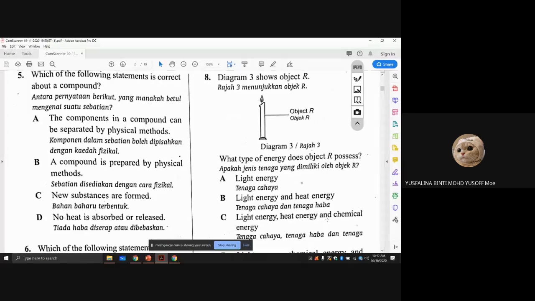When you reach, say, the second floor, the kinetic energy turns to gravitational potential energy. So the candle must have chemical energy first. When you light up the candle, the energy turns to light energy produced by the candle, and also heat energy. So number 8, the answer is C.